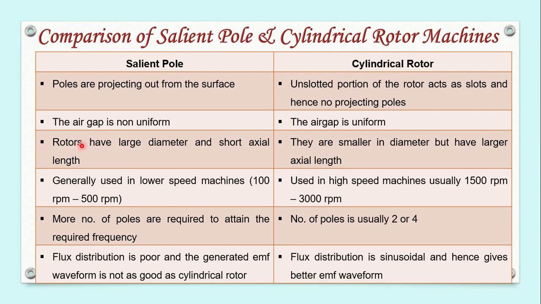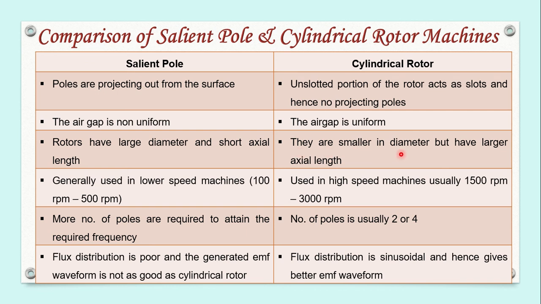The third point, which is an important point, is that in case of salient pole machines, the rotors have large diameter and short axial length. The diameter of the rotor will be high and the axial length will be small. The case is opposite for a cylindrical rotor machine.